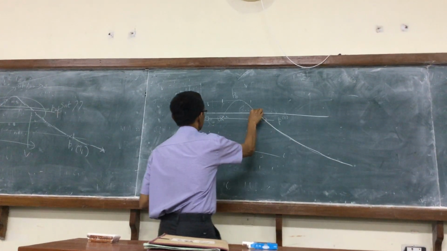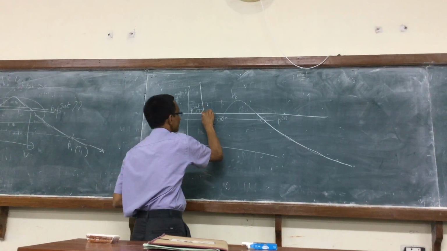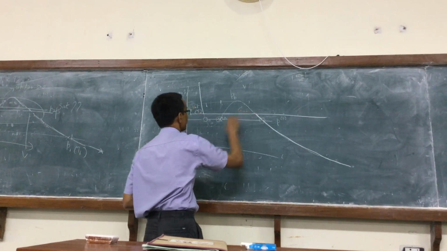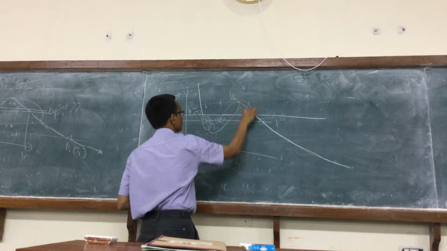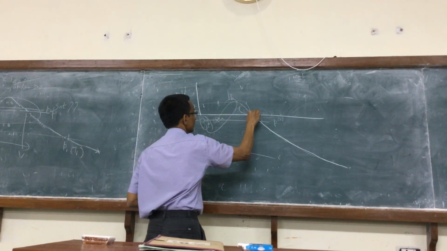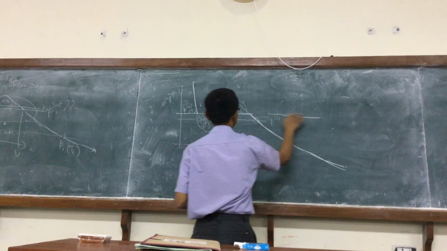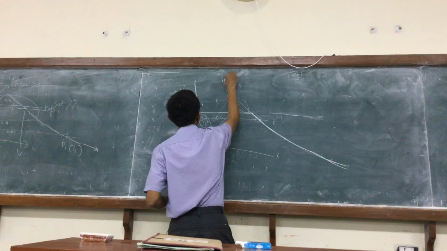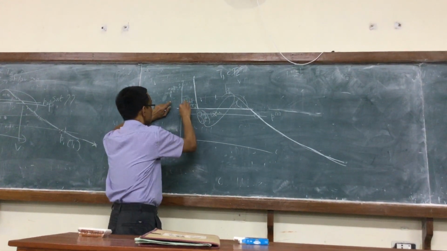So this now becomes the isotherm. We have to simply discard not only the unstable part, but also these two parts. So this is now the reconstructed isotherm representing the phase behavior. This is the crucial quantity.